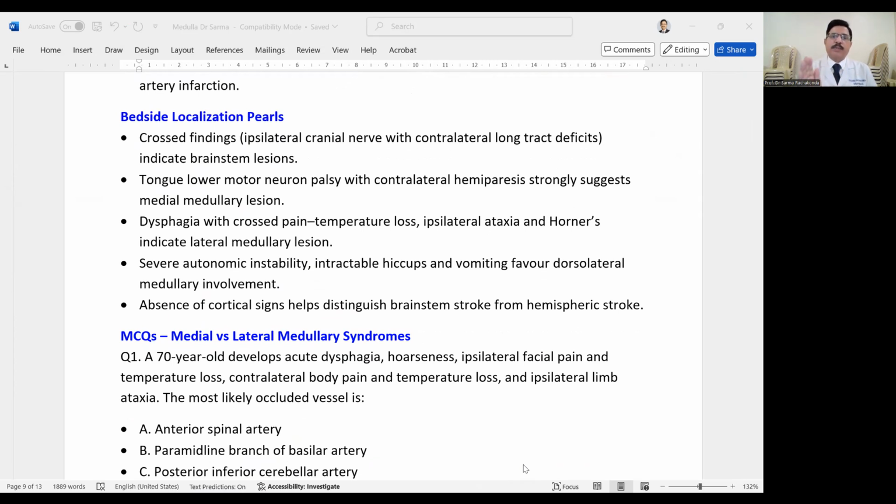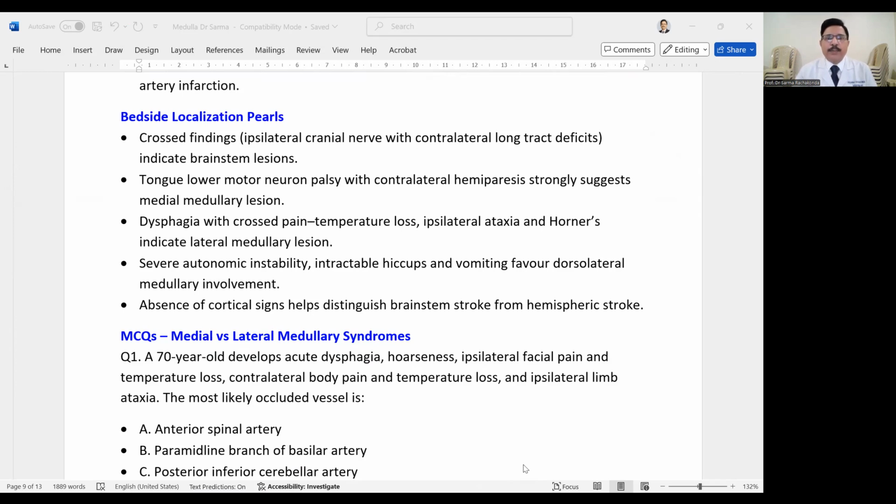Tongue lower motor neuron palsy with contralateral hemiparesis strongly suggests medial medullary syndrome, anterior spinal artery syndrome, on the side of involvement. That is, if the left side artery is involved, on the left side you will have hypoglossal palsy, and on the right side you will have hemiparesis.